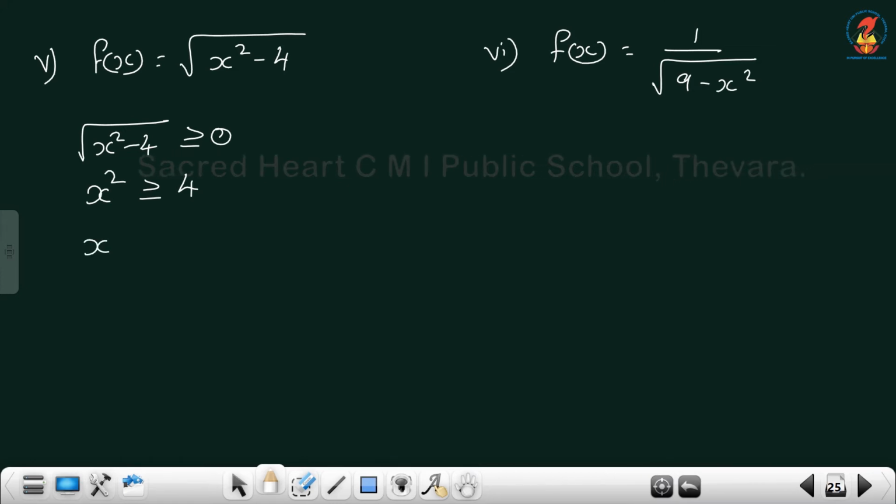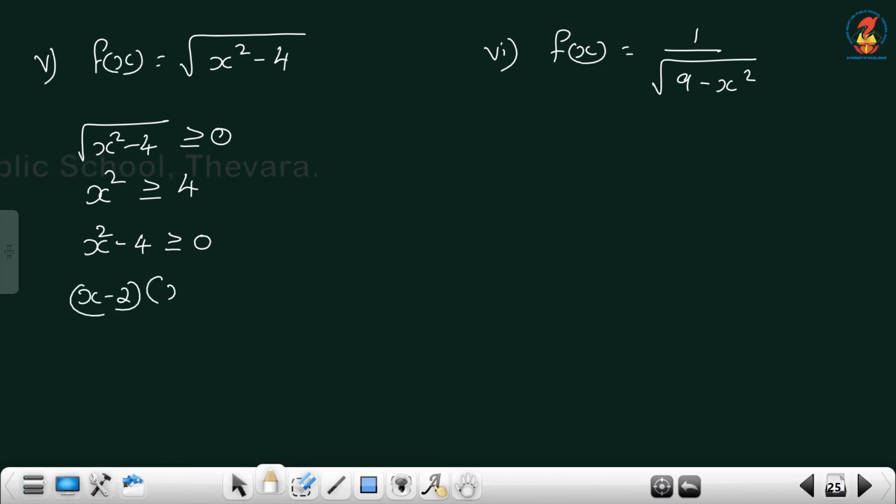Or you can factorize: x square minus 4 is greater than or equal to 0. Factorize: x minus 2 into x plus 2. Product is positive means either both are positive or both are negative.